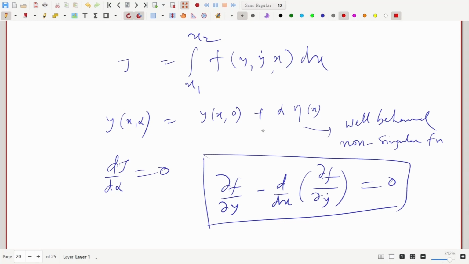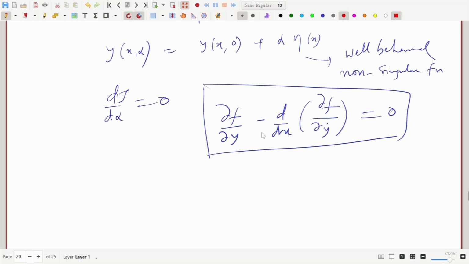Now, before we go to some applications of calculus of variation, let me tell you this equation is known as Euler's equation.